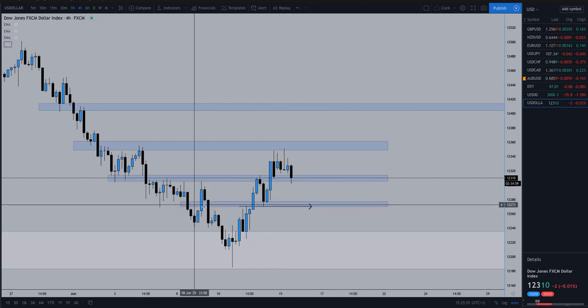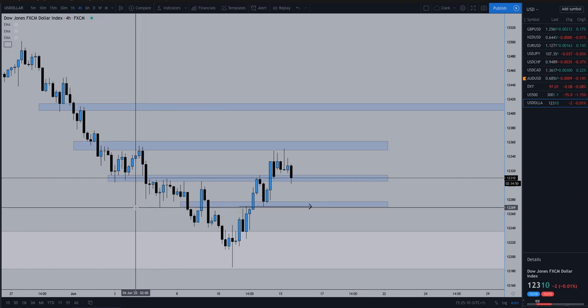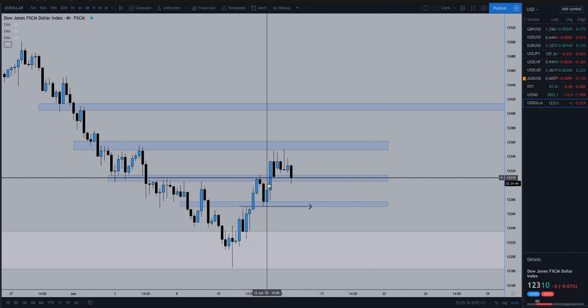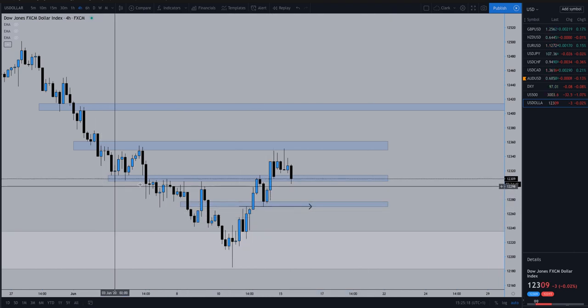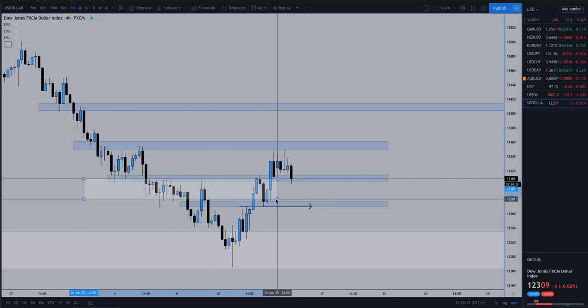So this was, actually that's not a level. This first level of resistance that it broke was there, okay? Busted through, retested. Now we need to break this, okay?